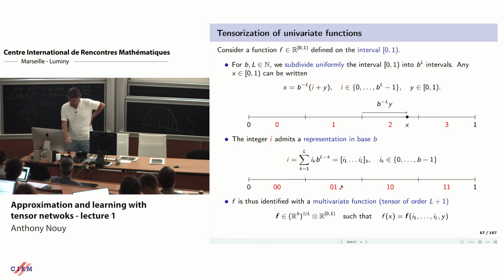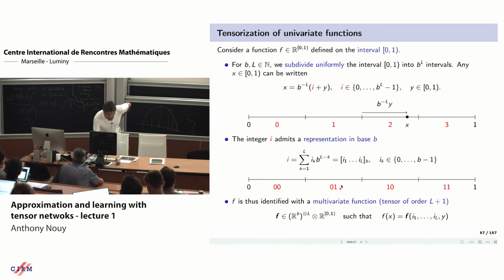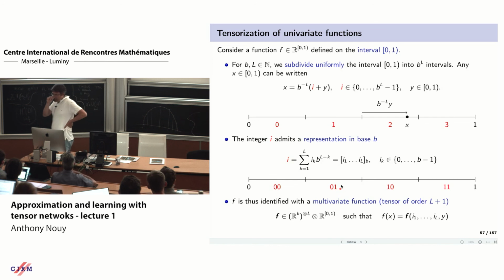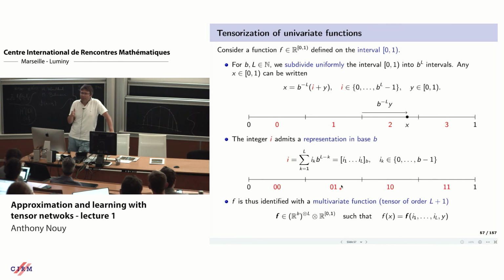Maybe I can look at the question. So no, it is more on the choice of the basis b. Ah, okay, the impact of the b. So this is something yet unclear. I will show you some approximation results later, where we have many results where essentially the b does not have an influence, but it will have an influence in the constants.